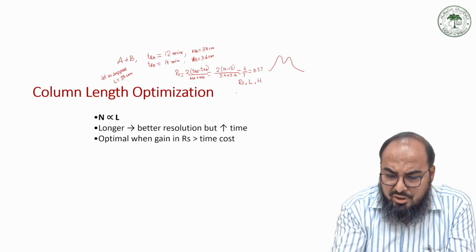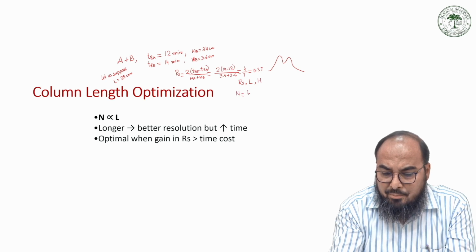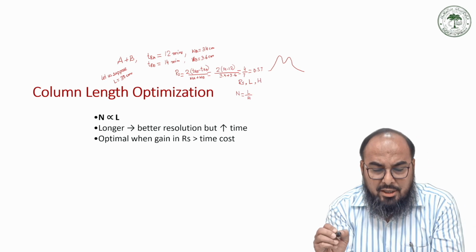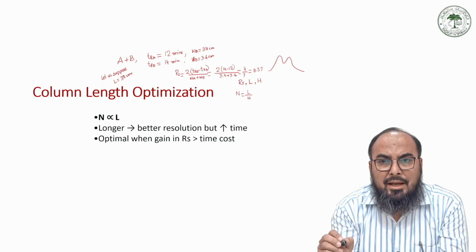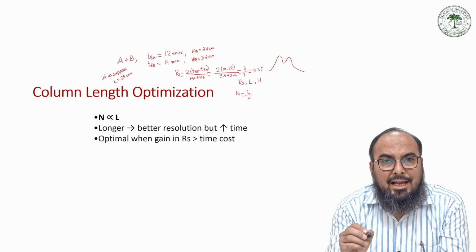The number of theoretical plates can be calculated by L upon H. Now L is 30 centimeter and H we have to calculate.